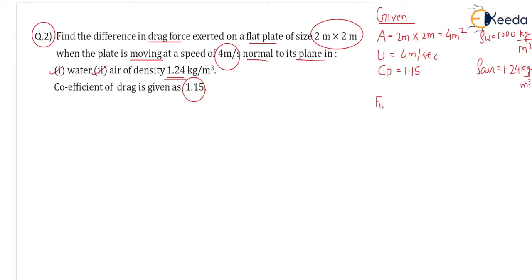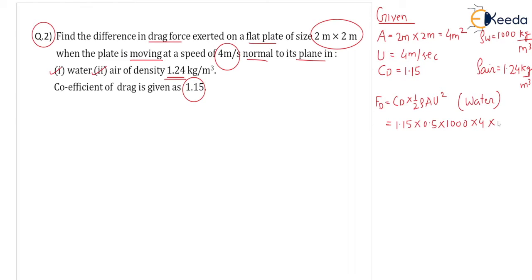FD, drag force, equal to, formula is CD into half rho A velocity square. We'll take the case of water first. Water is having more viscosity compared to air, so drag will be more. CD is equal to 1.15 given in the question, into 0.5, into density of water 1000, area is your 4 meter square, so 4, into velocity square.